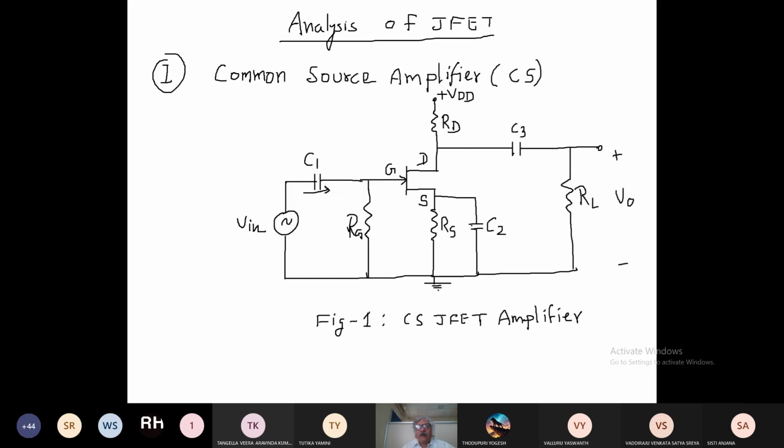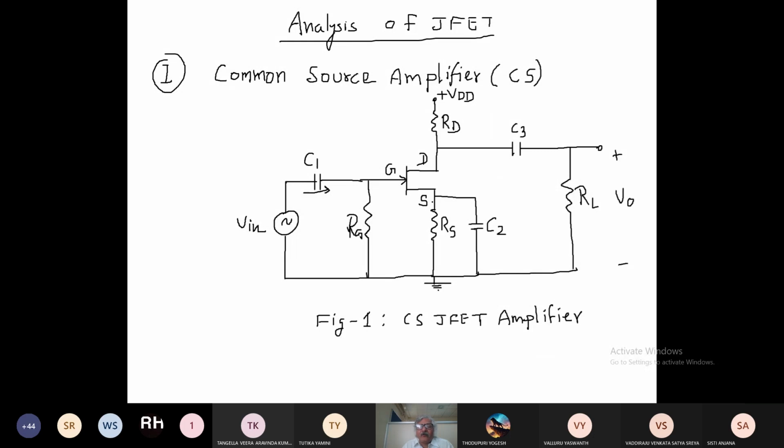So if we are talking about this input signal, which is an AC signal, for AC signal this will act as a short circuit, right? If it acts as a short circuit, then all the current will pass through it. No current will pass through RS.